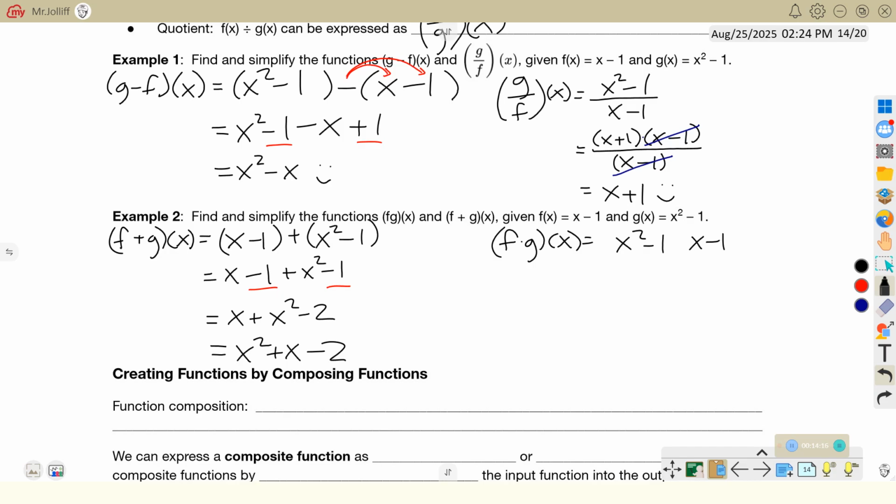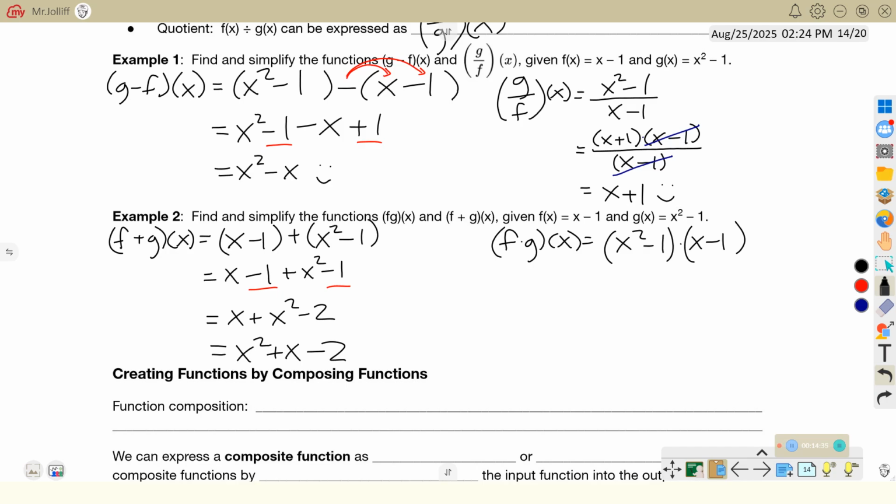So what are we doing with x squared minus 1 and x minus 1? Multiplying them. Yeah. When I'm multiplying, does the order I put those things in matter? No. For multiplication, it doesn't matter that g's in front of f. Good.